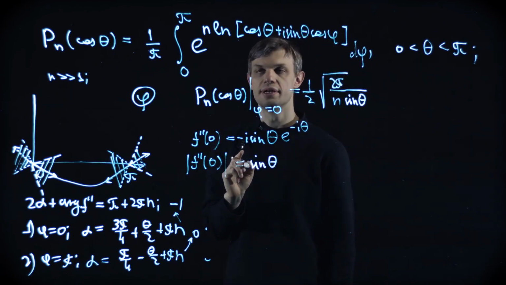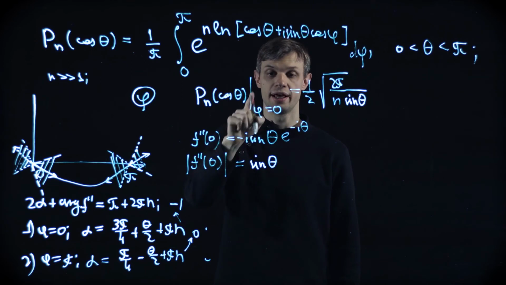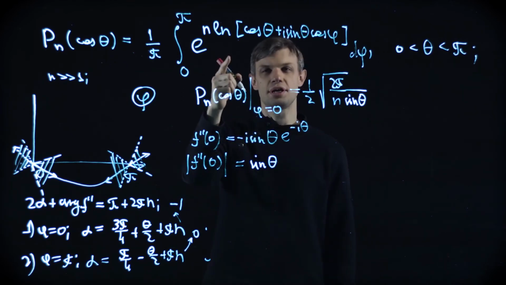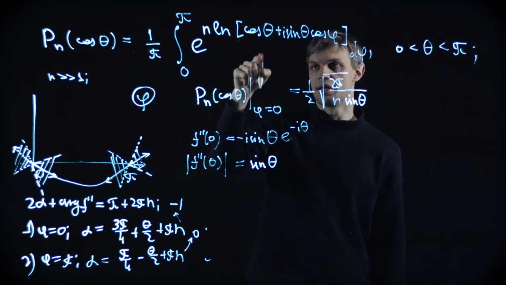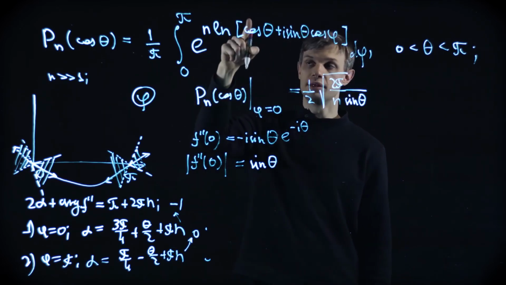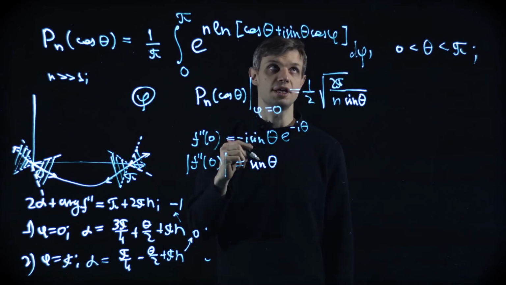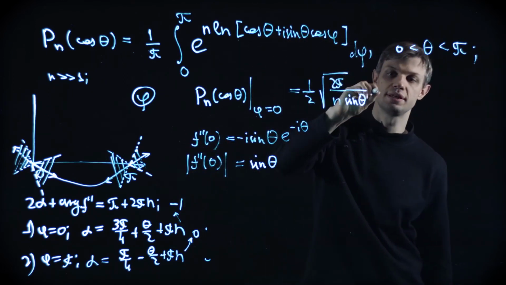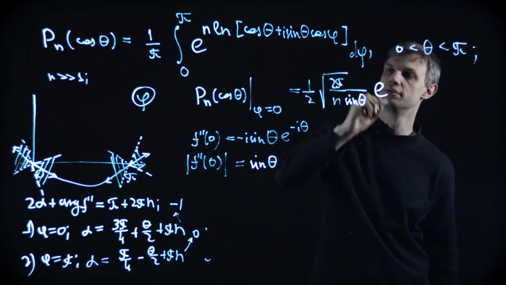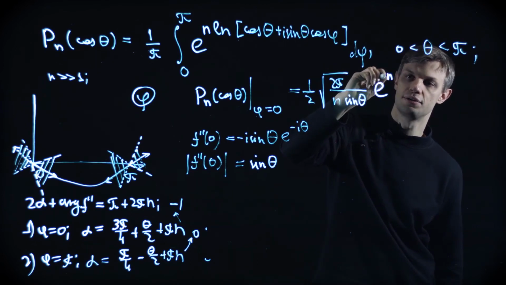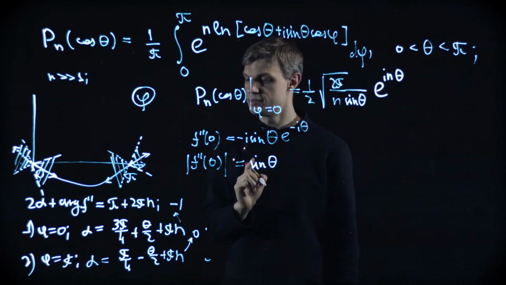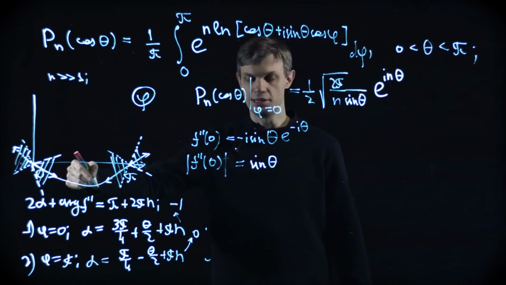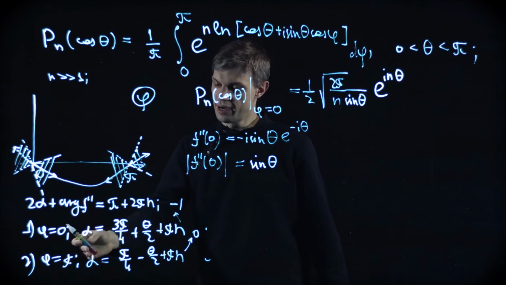Now we need to compute the value of our f function at phi equal to 0. We actually did this before, right? It was just a simple exponential, e to i theta. When we take a logarithm of it, we get just i theta. So here it's just e to i n theta. Then there is the steepest descent direction slope for phi equal to 0.